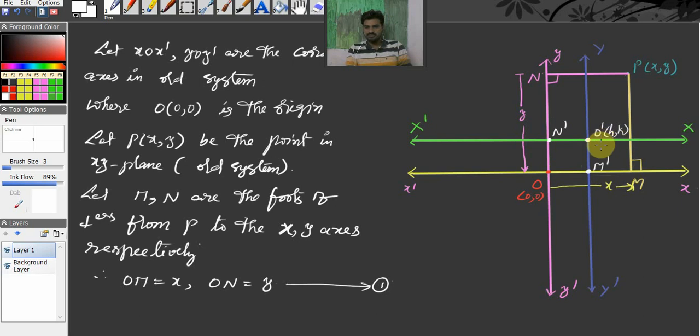Now h is the distance from O to M dash, and this distance is k. Okay, they are the distances.